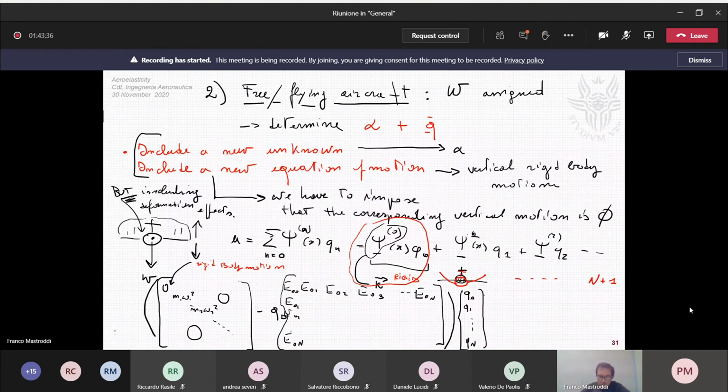And at the end, we have as forcing term the same forcing term we had before.